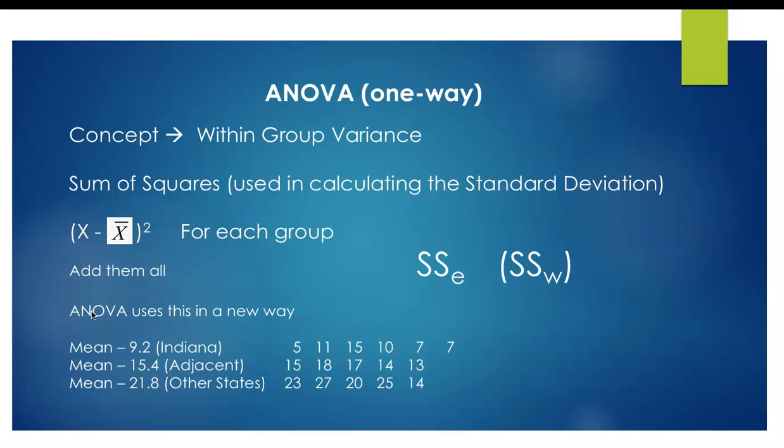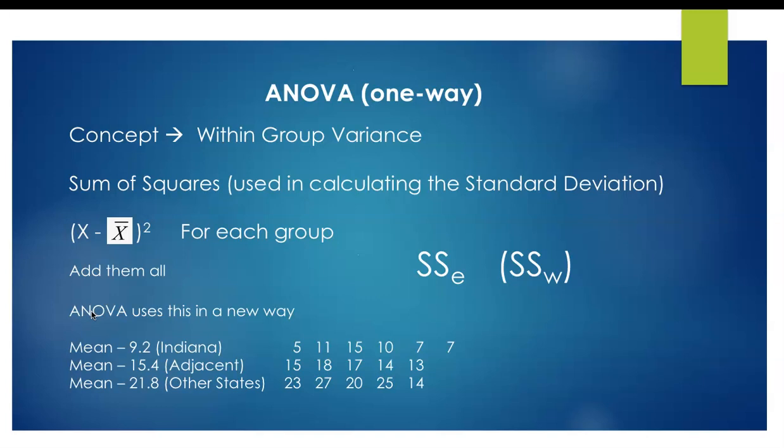Step 2, subtract the mean of the group from each individual score. For example, someone from Indiana visited 11 states. We subtract the mean of the Indiana group, we subtract 9.2 from 11. But someone from Illinois who's visited 15 states subtracts the adjacent state average, which is 15.4. Then we square each of those differences.